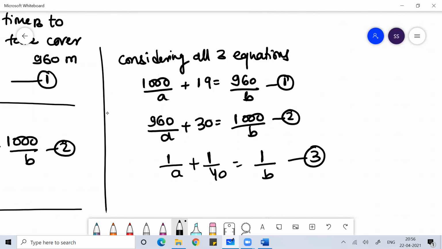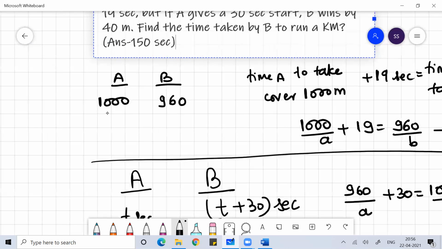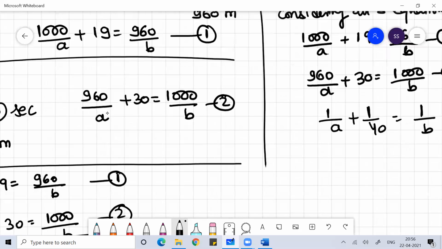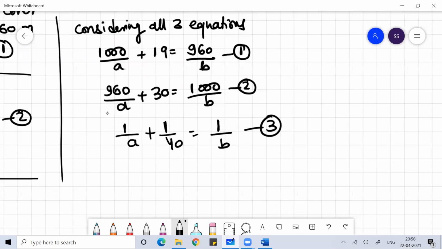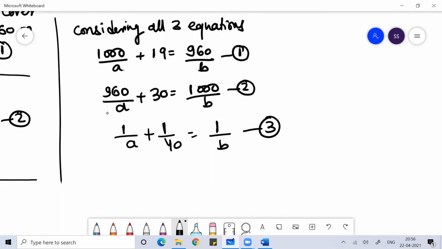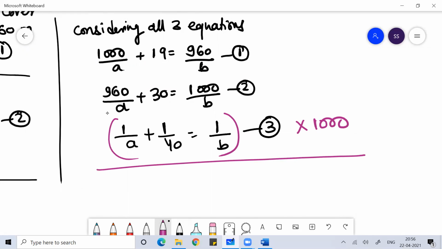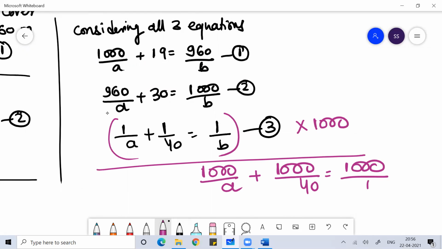In the question, they are asking for the time taken by b, so it is better to cancel the a. To cancel the a, I can multiply this equation by 1000. So I can write 1000 by a plus 1000 by 40 equal to 1000 by b.